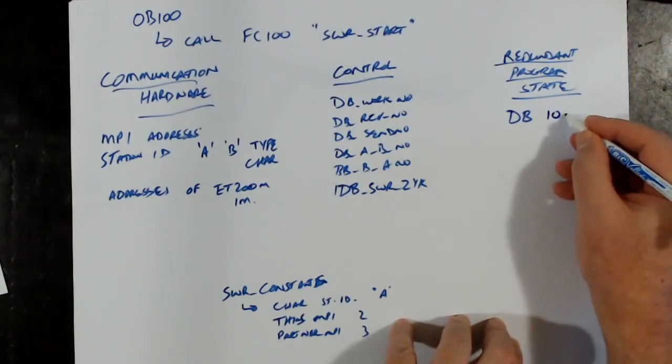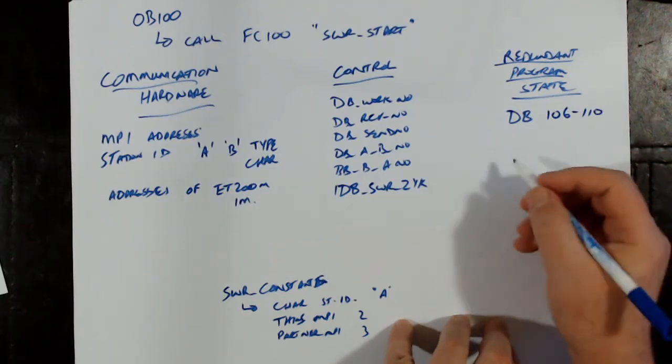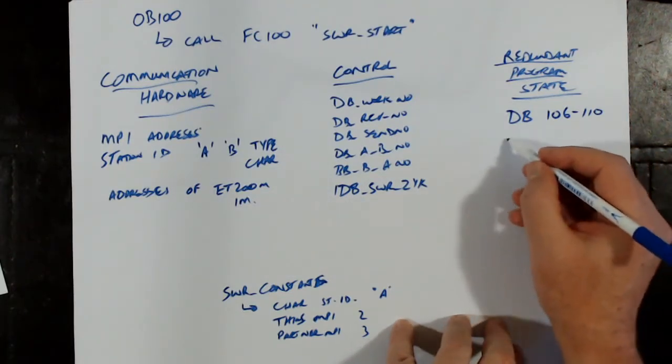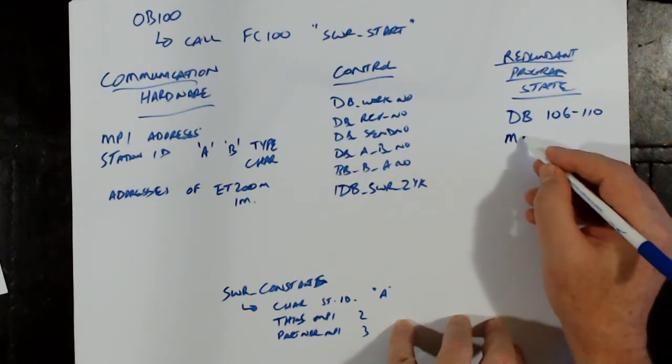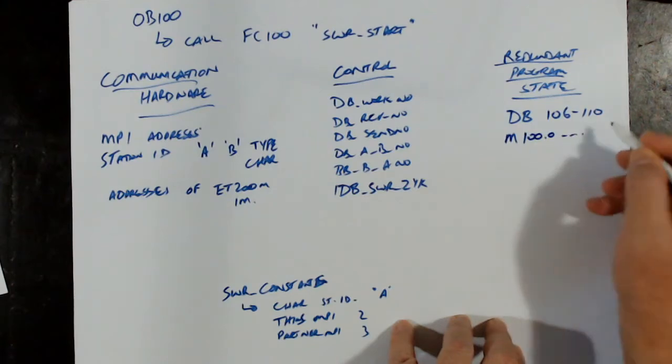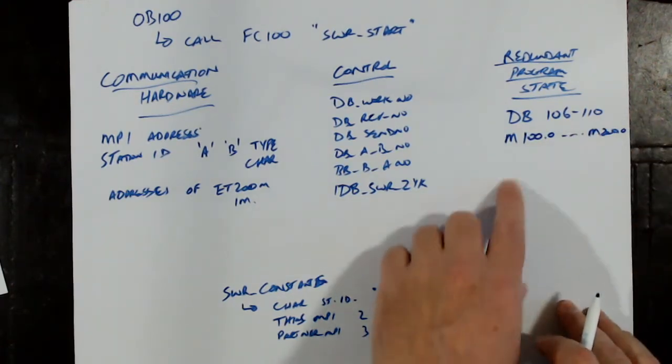In our example, it's 106 to 110. If we are using bit memory, then let's say M100.0 up to M200.0 for argument's sake.